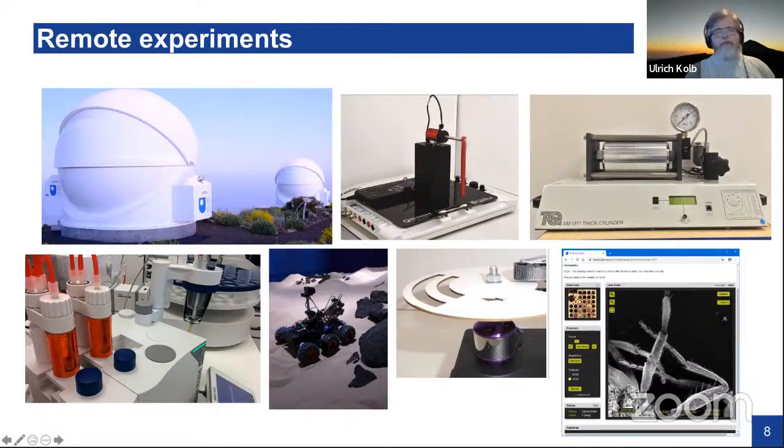We have a remote controlled Mars rover, which is obviously a toy rover, but embedded in a Mars yard with realistic looking Mars landscapes. And that's used by students who control this rover via remote commands, much in the same way as the real rover on Mars is being controlled.